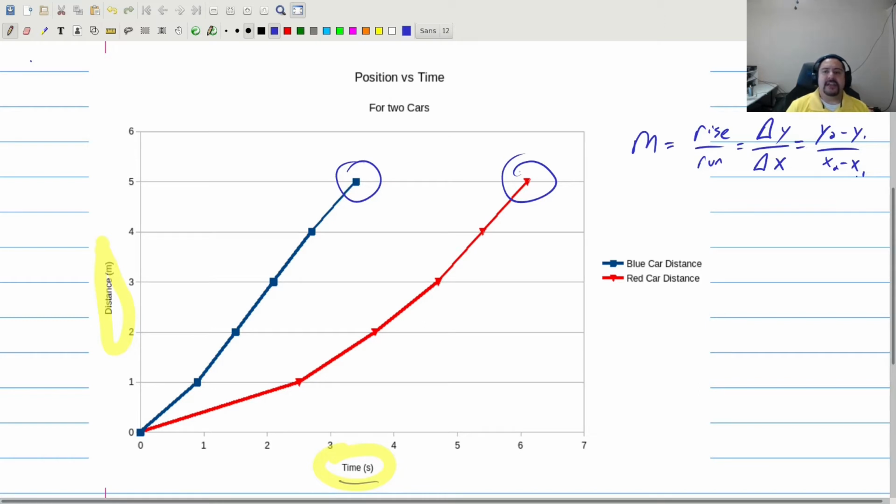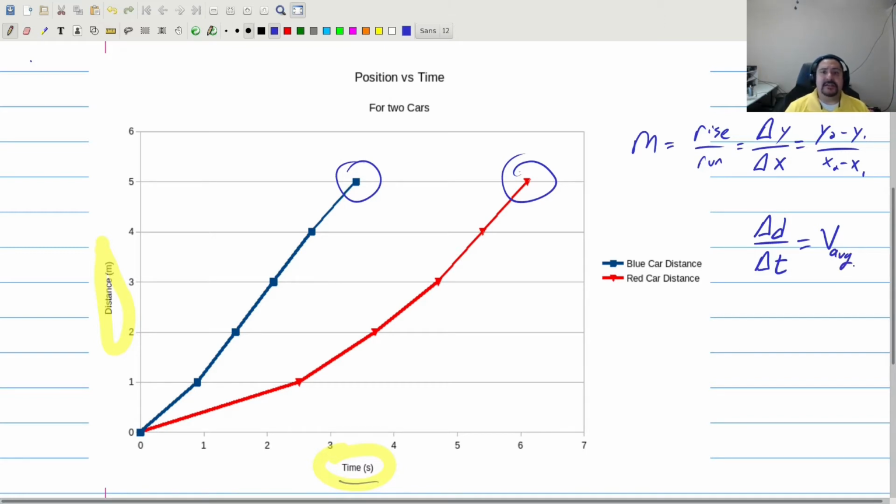Well, in this case, our slope is going to be the change in distance, delta d maybe, over the change in time, delta t. And if I remember correctly, a distance over a time was what we called average speed or average velocity, if we're talking about displacement or position there.